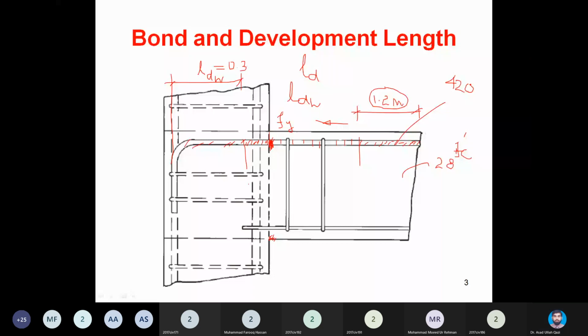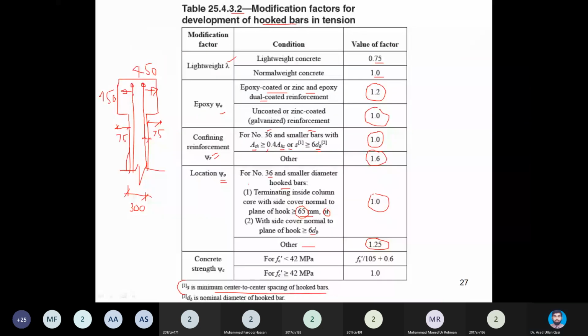Then comes the last factor, psi C, the concrete strength factor.